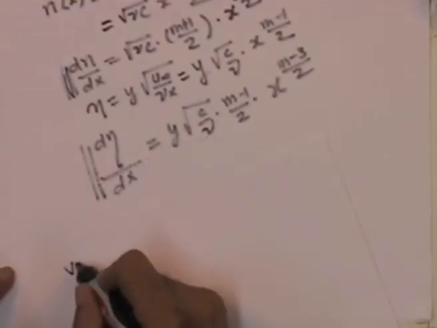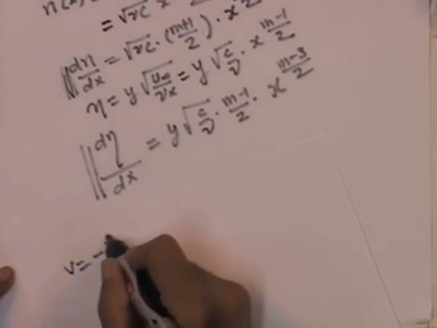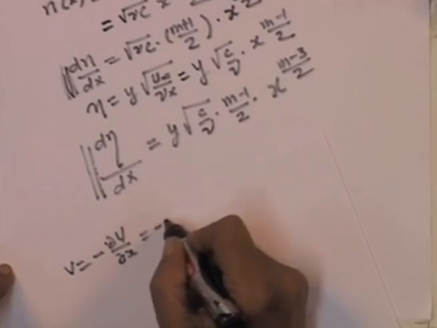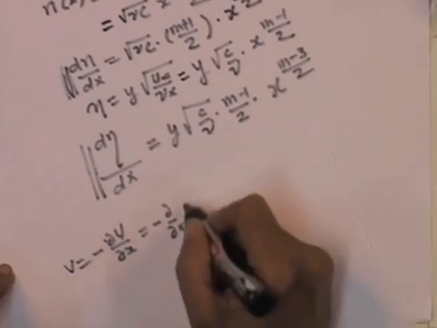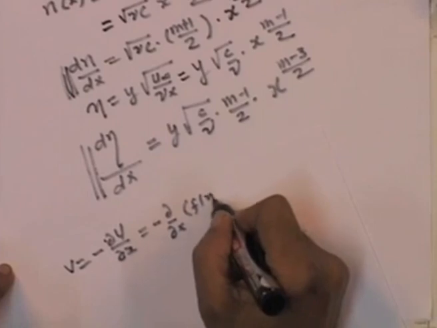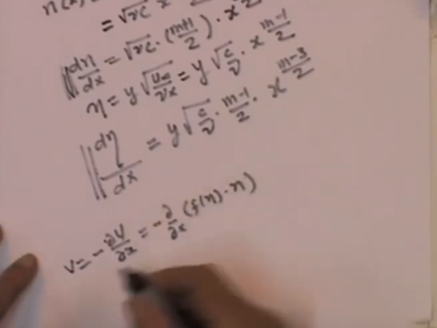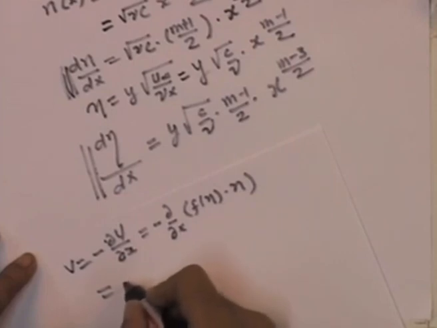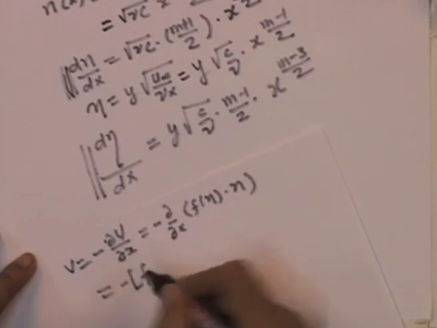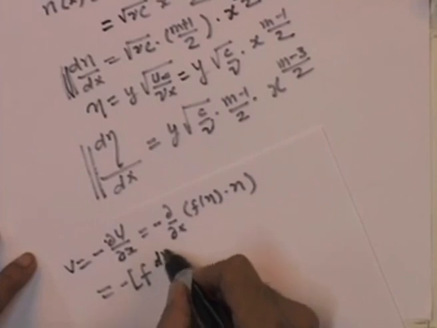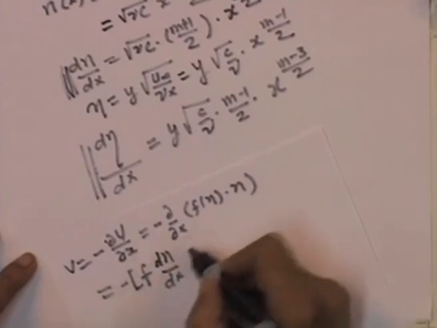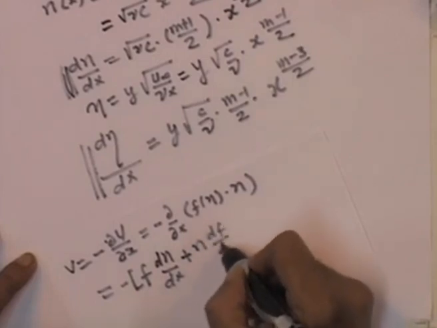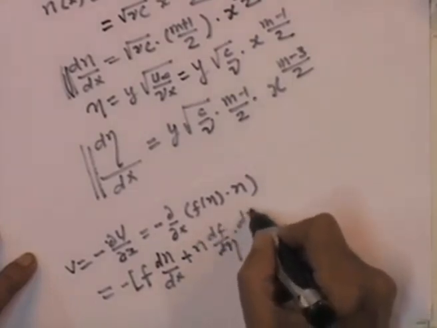V, which is equal to minus d psi by dx, which is minus d by dx of f(eta) n, will be simply equal to minus f dn by dx plus n into df by d eta into d eta by dx.